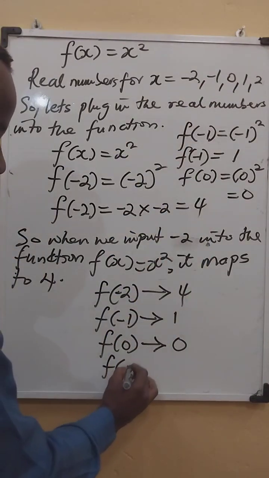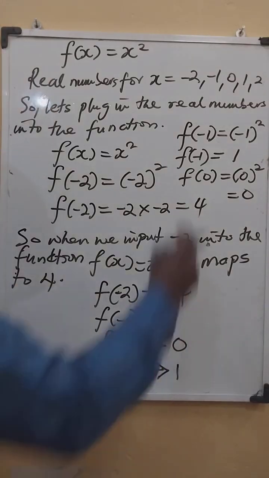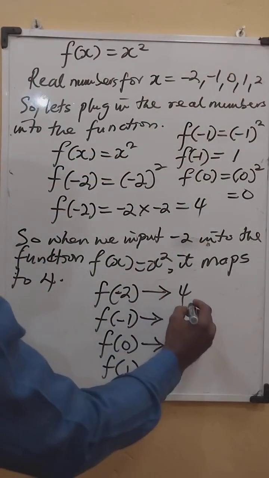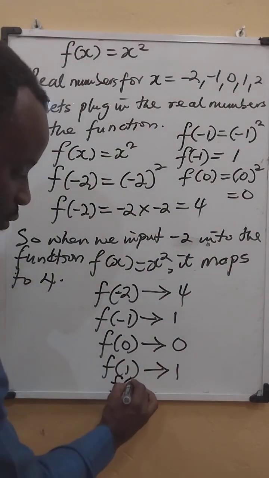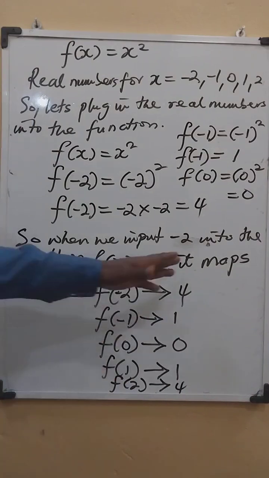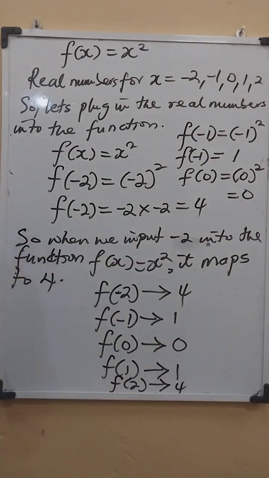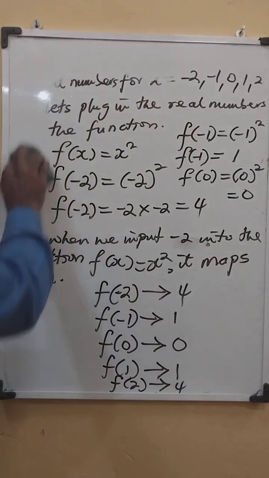It's the same thing apart from the sign. Then the last one, which is 2, we also still map to 4. So we can actually represent this in a map. Let's put it in the form of a map now.